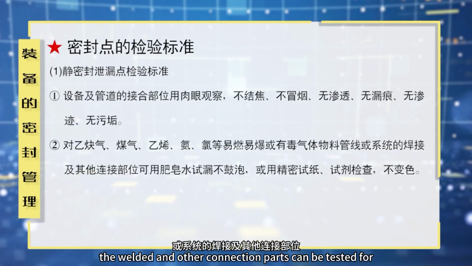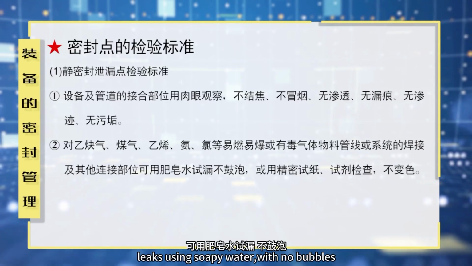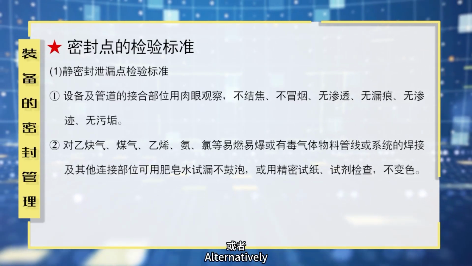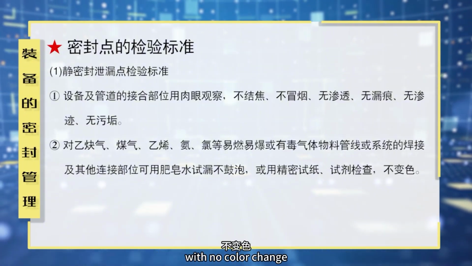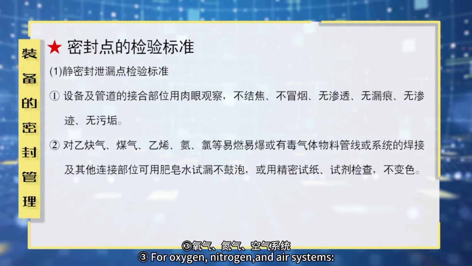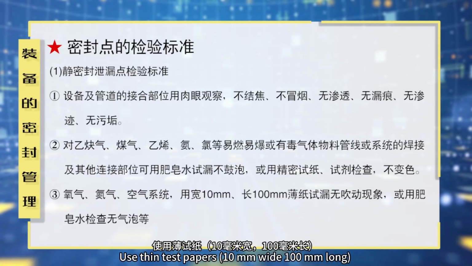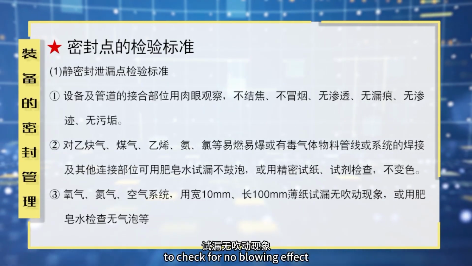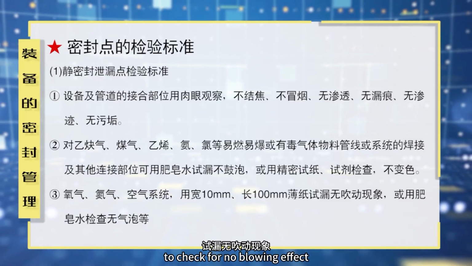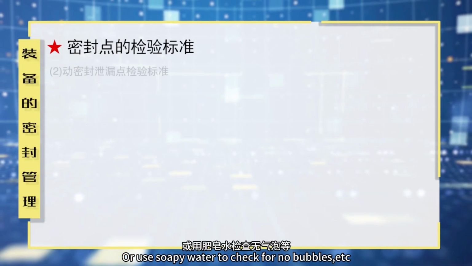The welded and other connection parts can be tested for leaks using soapy water with no bubbles. Alternatively, precision test papers or reagents can be used with no color change. Third, for oxygen, nitrogen, and air systems, use thin test papers 10 mm wide, 100 mm long to check for no blowing effect, or use soapy water to check for no bubbles, etc.